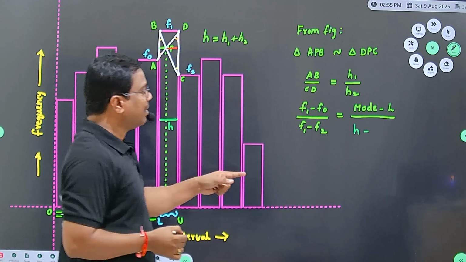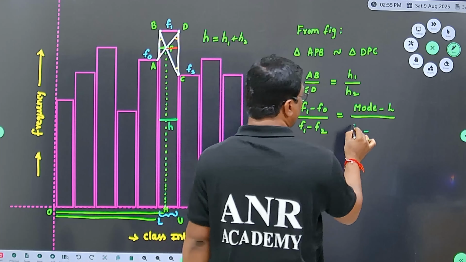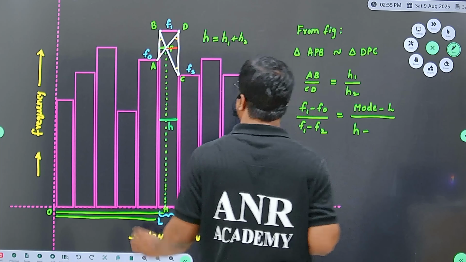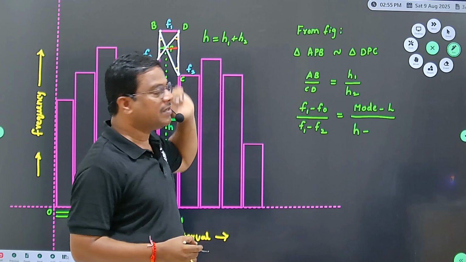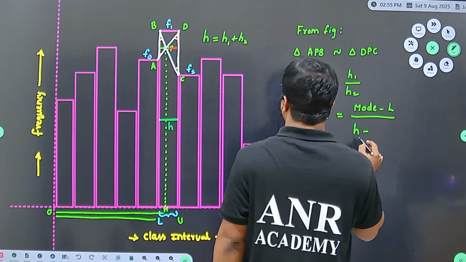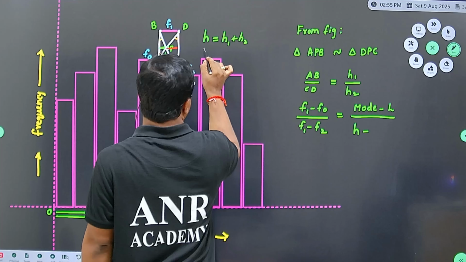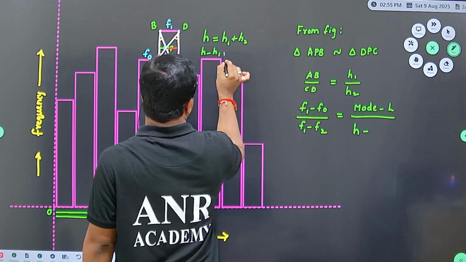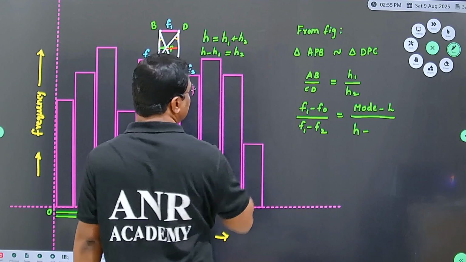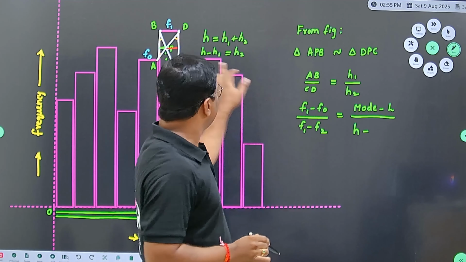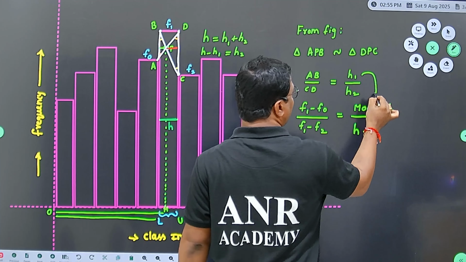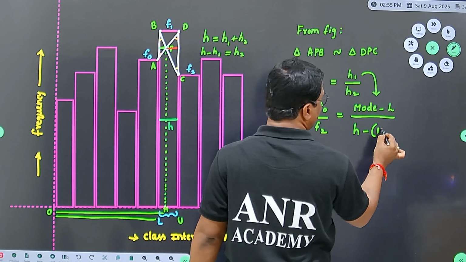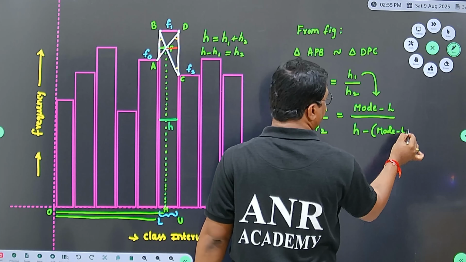But here the requirement is, from H, if you remove h1, automatically you will get the height of the second triangle. H minus h1 is clearly h2 in this case. So h2 is written as H minus h1, but h1 you have in the numerator part, that is mode minus L.